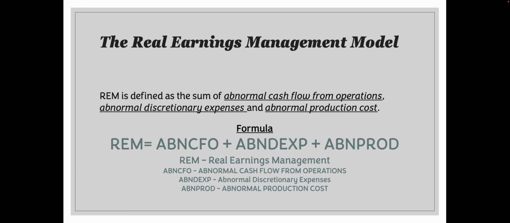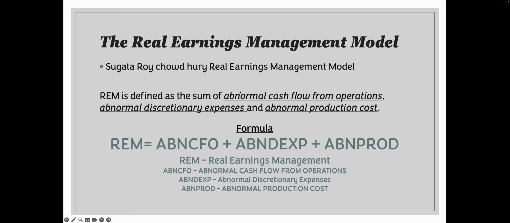The Real Earnings Management model. REM is defined as the sum of abnormal cash flow from operations, abnormal discretionary expenses, and abnormal production cost. One of the famous models is the Roychowdhury earnings management model. So this is the formula.